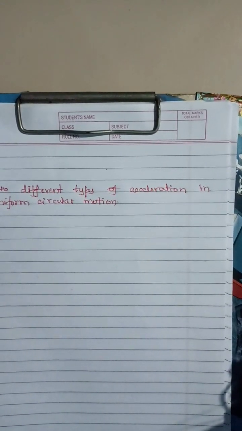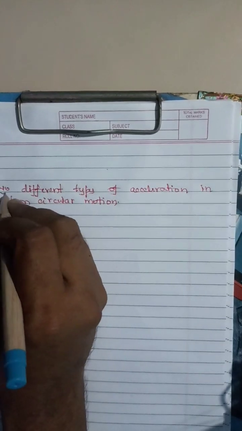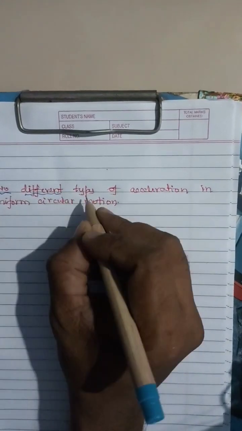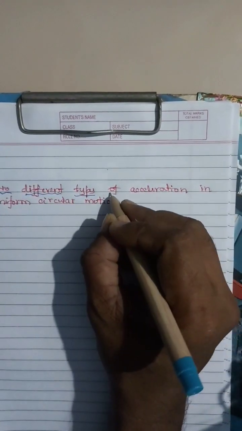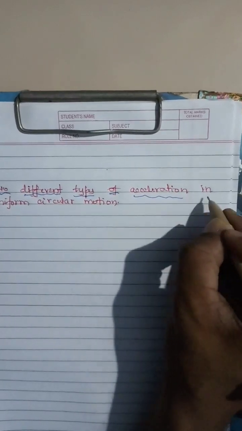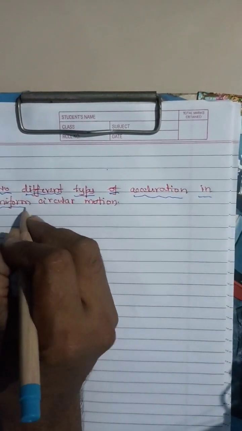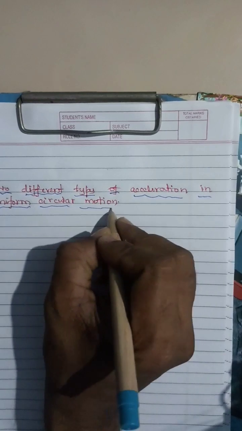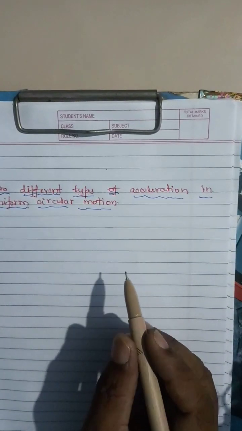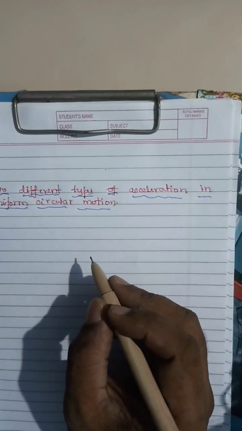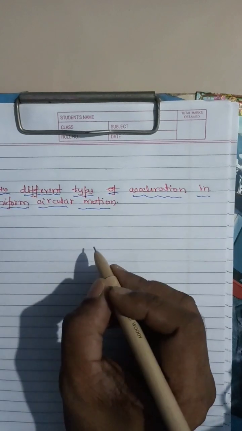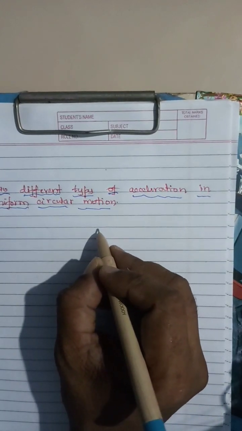If we see, in case of uniform circular motion, there are two types of accelerations. Which are those? Okay, first let us try to understand what is the meaning of circular motion.